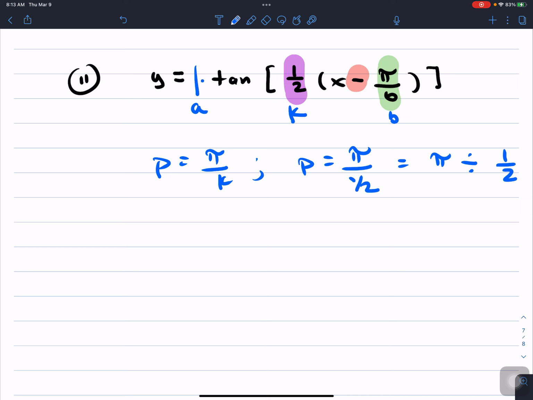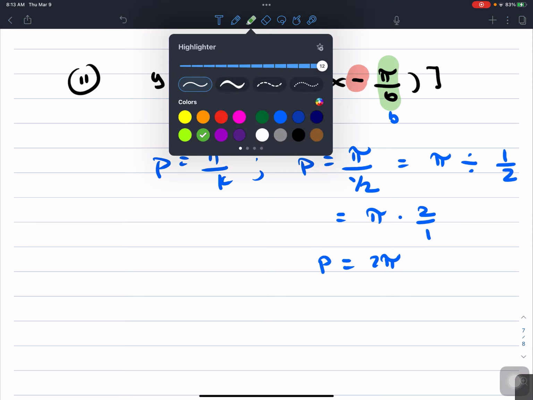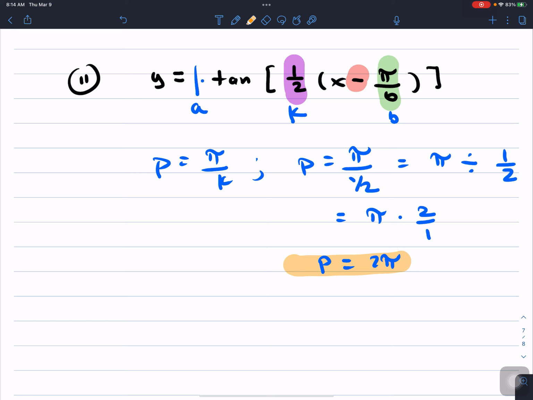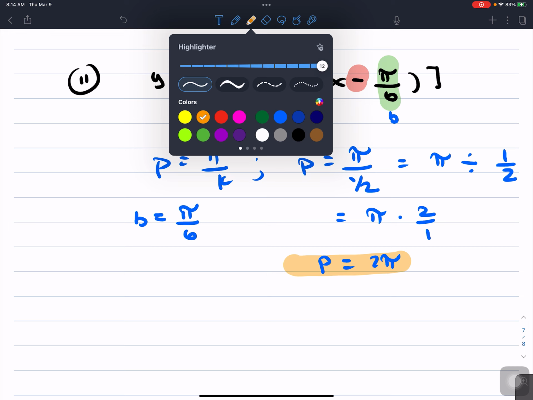Because I was one of those students that say, what do I do with this? Oh, okay, flip this over. Now that's 2 pi. So, ladies and gentlemen, oh, okay, there we go. I got my period. Phase shift is pi over what? 6.